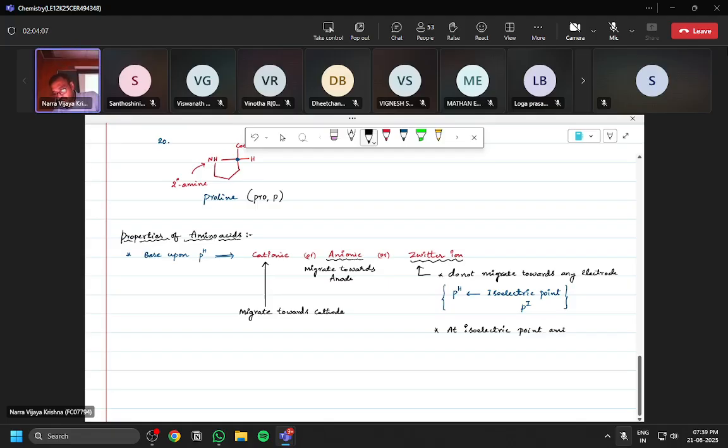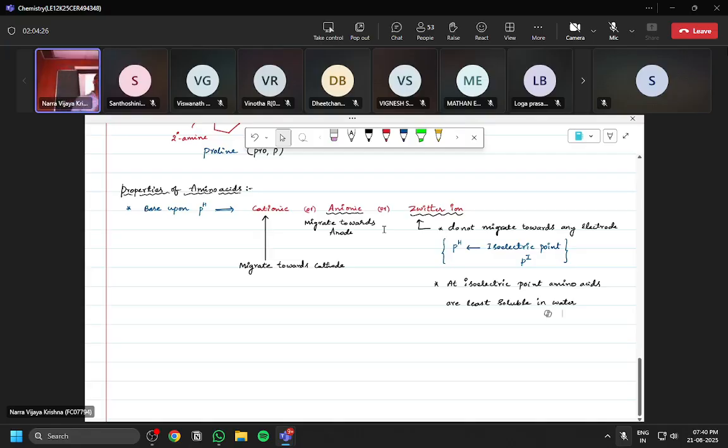At the isoelectric point, amino acids are least soluble in water. This is how we will separate amino acids. For example, if there is a protein and I have done hydrolysis, then that protein breaks down into many amino acids.